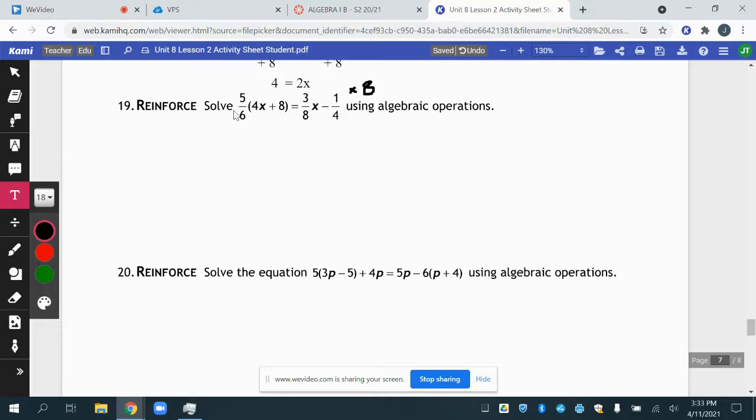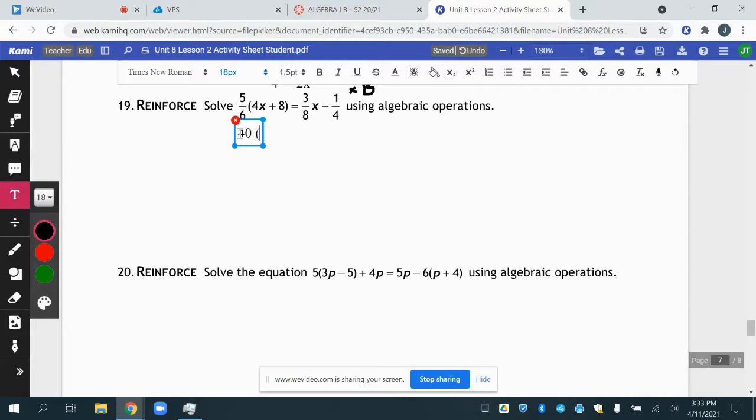Okay, so I multiply by 8. I get 40 right here. 4x minus 8 plus 8. Over on the right side, I have to make this 8 times as big, that's 24. And then the 1 times 8 is 8.